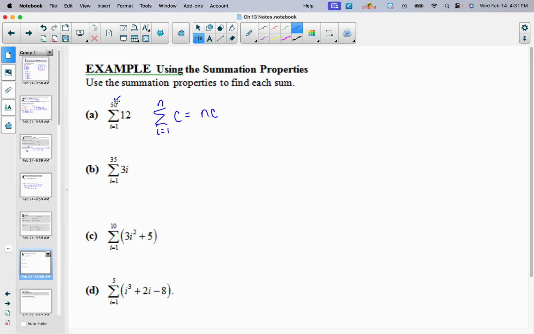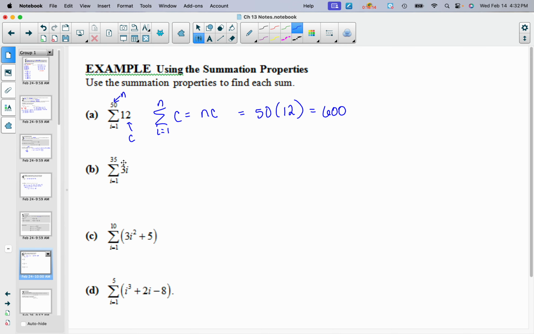So here's n, here's a constant, so my answer is just 50 times 12, so I get 600. Basically, there's nothing to plug in. You're really just doing a 12 plus a 12 plus a 12 all the way up to 50. So you get 50 times 12.